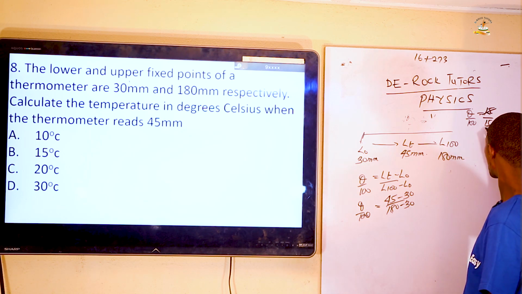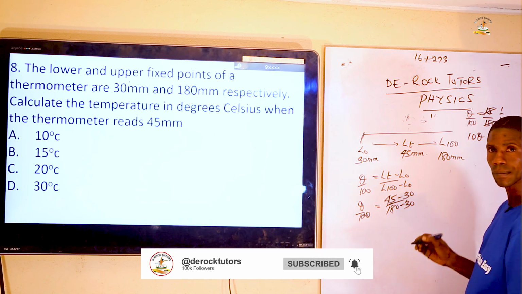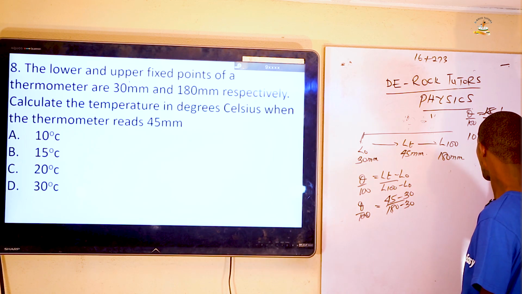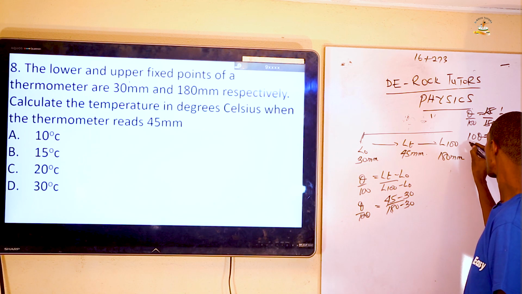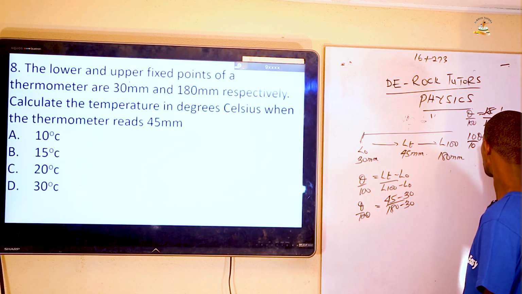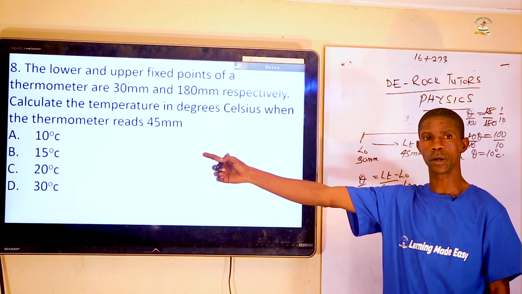Then 15 can go in 150 10 times. So if I cross multiply, I will have 10 theta equals 100 on the right hand side. So how will I now get the value of this theta? I will have to divide both sides by 10. So my value of theta will give me 10 in degrees Celsius, which is option A there.